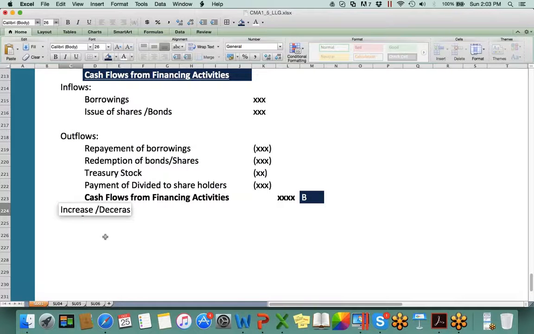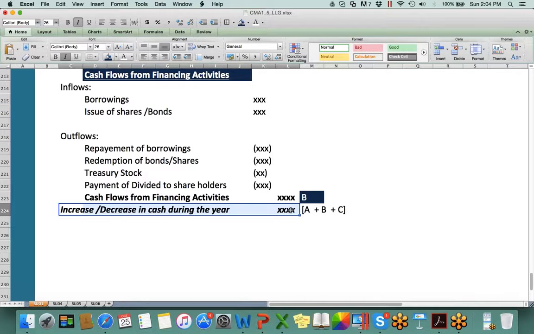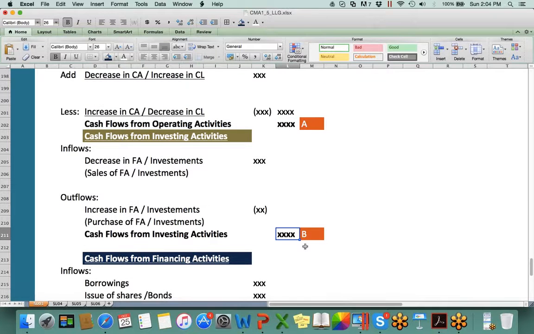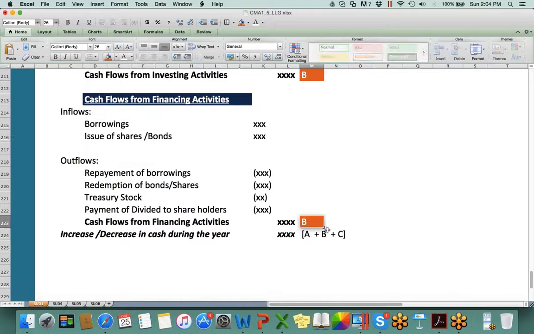Then add all the three, A plus B plus C, and you will get the increase or decrease in cash during the year.